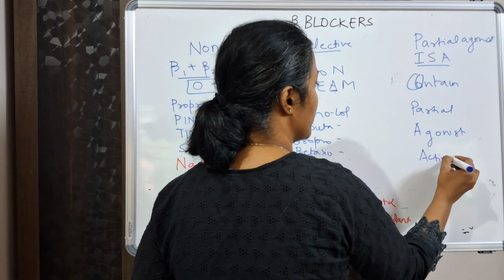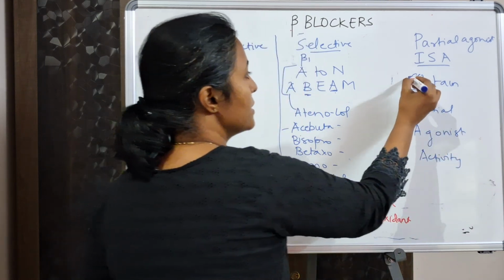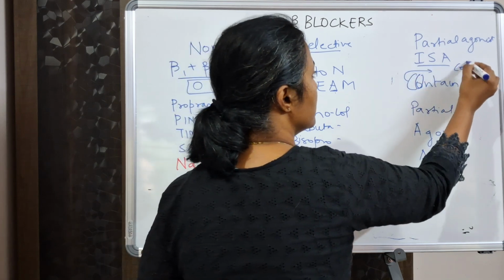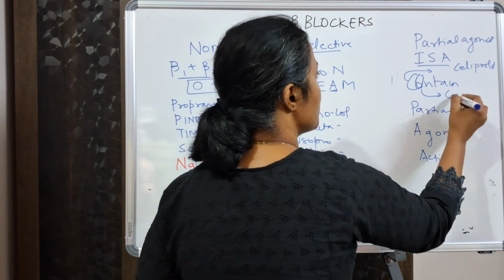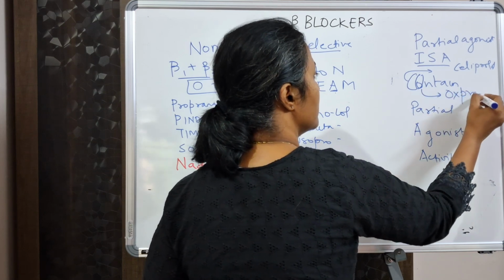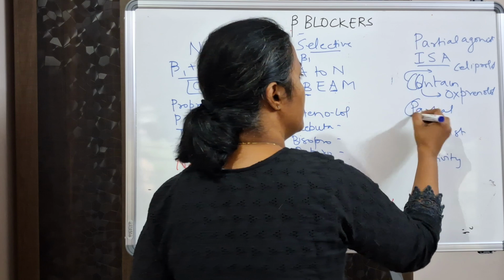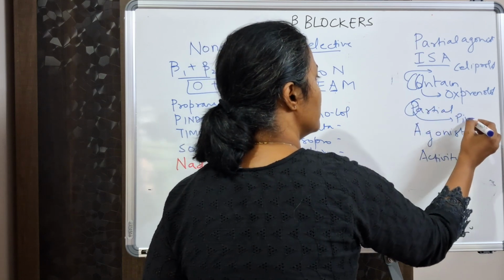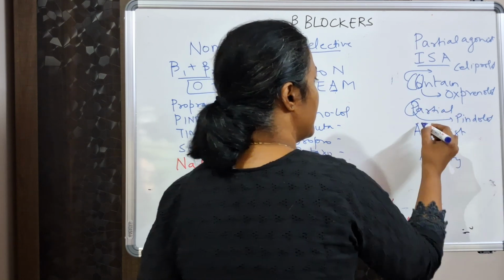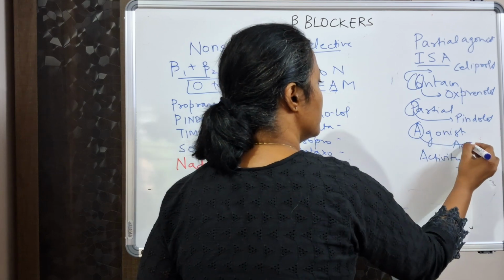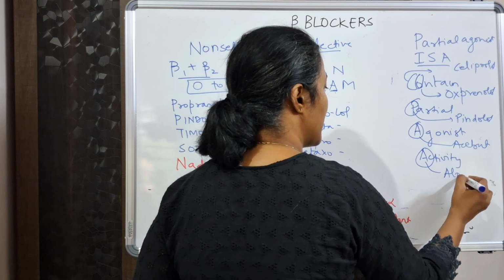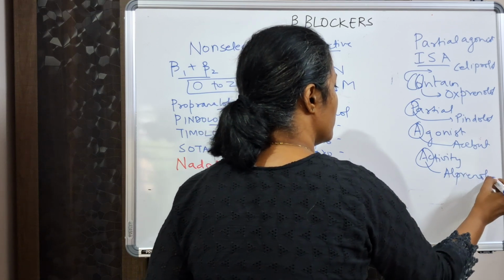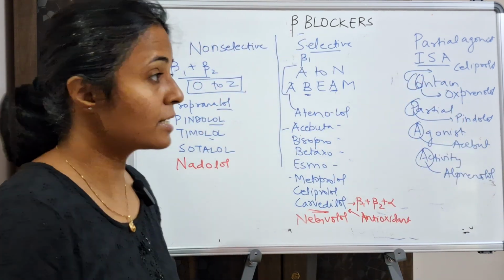Okay, so what are these? We have C, celiprolol, okay, O, oxprenolol, then P, pindolol, then A, acebutolol, and again A, alprenolol. Okay, so these have partial agonist activity.